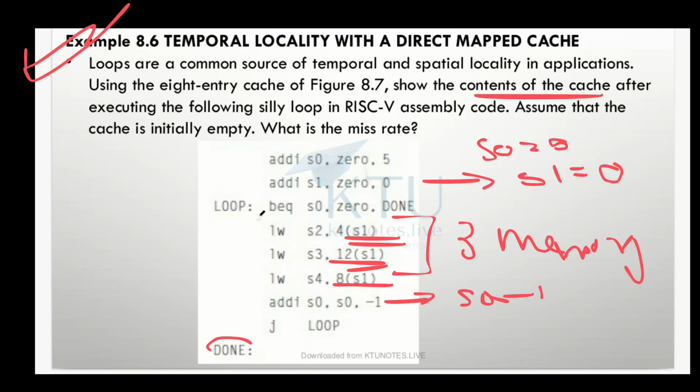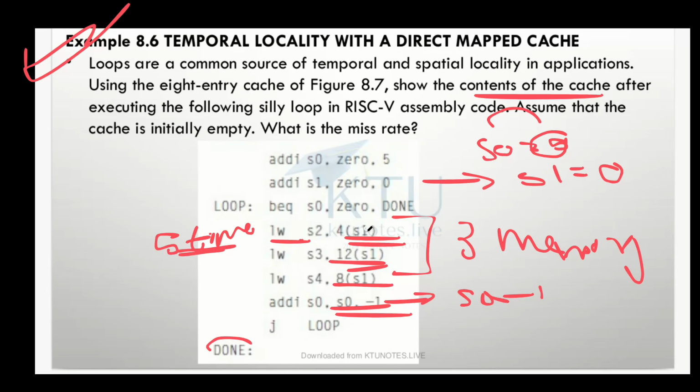And total how many times? This is a loop. First we have initialized S0 as 5. Now we will reduce it in each loop. So 5 times this loop would be there, and each time the load instruction means we will be accessing data from this address 4(S1), 12(S1), 8(S1), right?